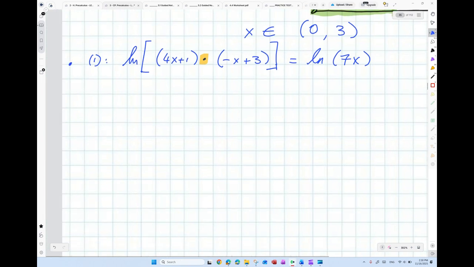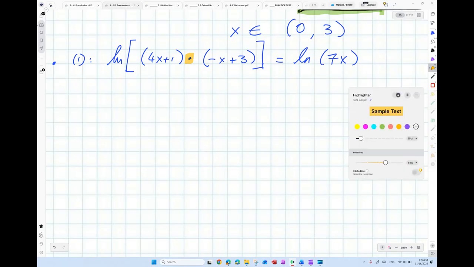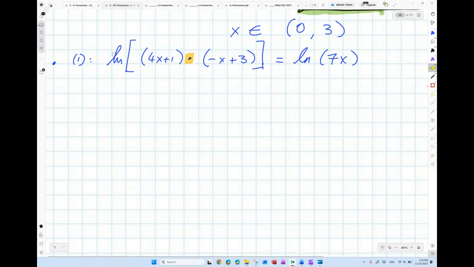Now that both sides of the equation are enwrapped, so to say, by the logarithm, they're going to cancel. And I will have 4x plus 1 times negative x plus 3 equals 7x.